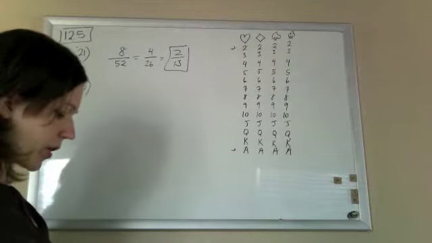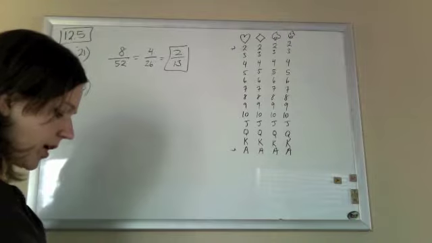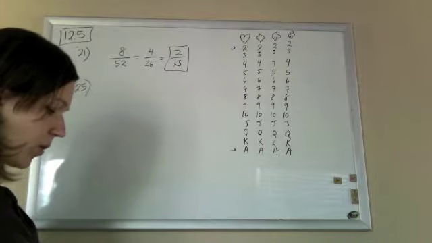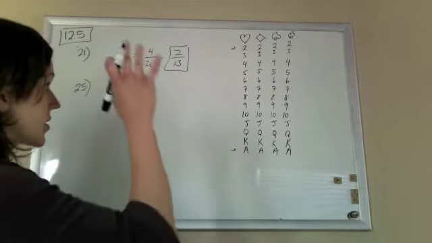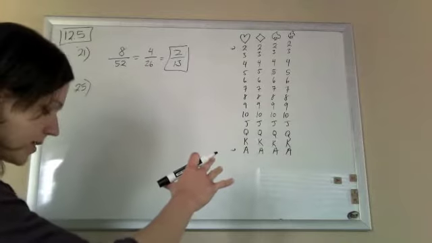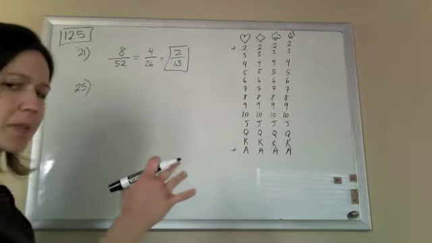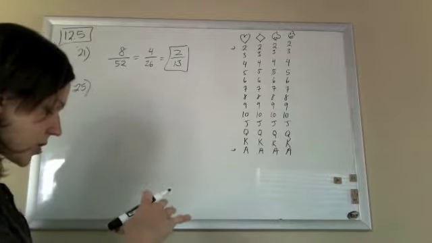a little trickier. They want a card less than 8 or a club, and they're saying ace is considered low. So best thing for these is to just picture your things, circle what you want, because sometimes if you don't do that with these ors, you end up double counting things. So we're just going to circle what we want.